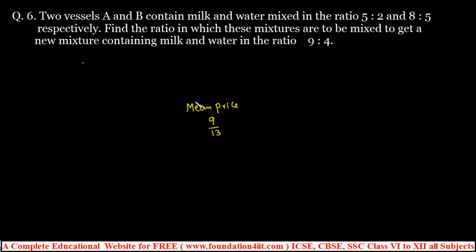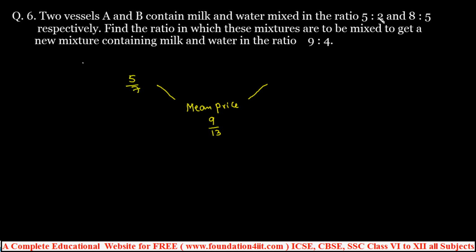If you observe, let the cost price of 1 milk be 1 rupee per liter. Then milk in 1 liter of mix in A is 5 by 7, because 5:2 means 5 out of 7. And for B, 8:5, so 8 out of 13. Similarly, for the new mixture 9:4, I took 9 by 13 directly. And individually, if you observe A and B, the cost price of 1 liter mix in A is 5 by 7.